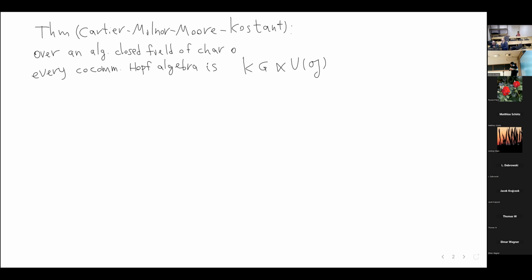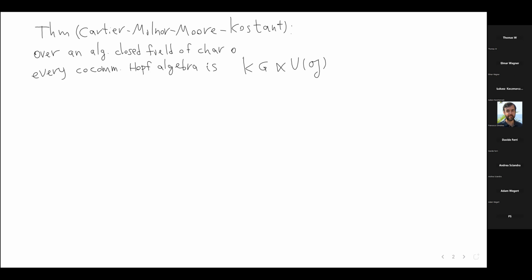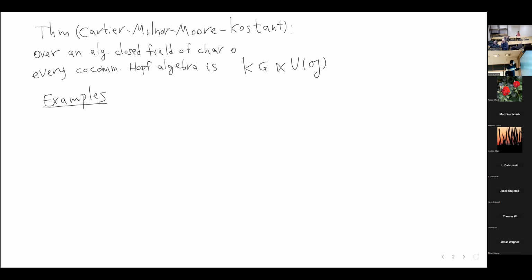We are here in a seminar about non-commutative geometry, so let's see some examples that are not co-commutative. First thing, let's take G to be a finite non-abelian group.